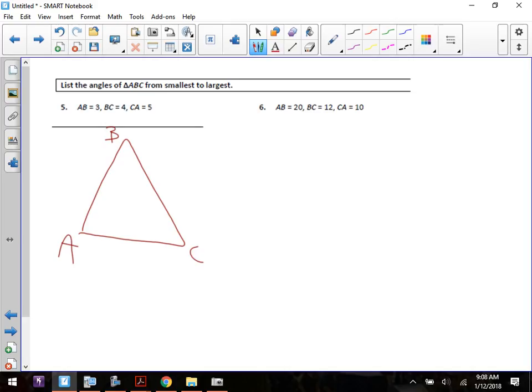So if you want to figure out which angles will be the greatest, smallest, or largest, the first thing you do is draw the triangle and then label your sides. Let's see, AB is 3, BC is 4, AC is 5. Now, what was the rule regarding sides and angles? Remember? What was it, Josh?